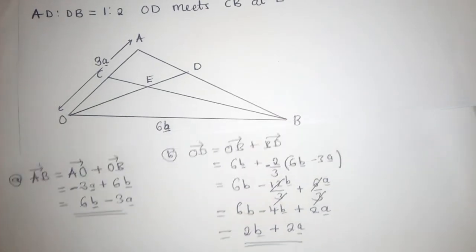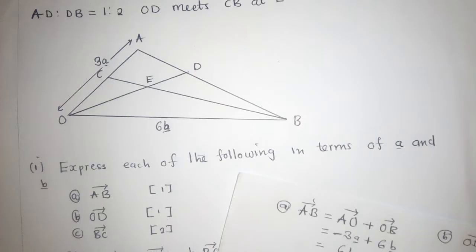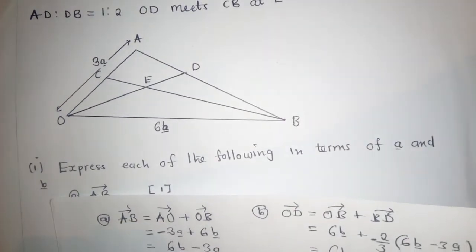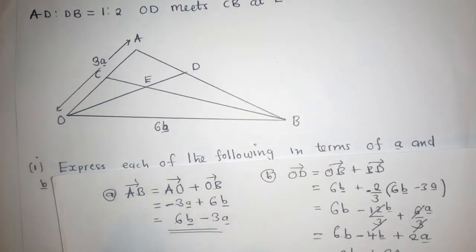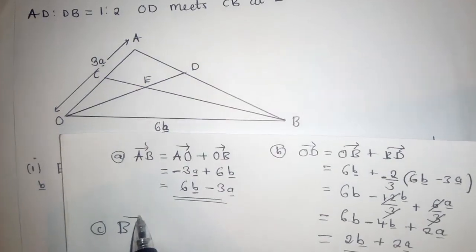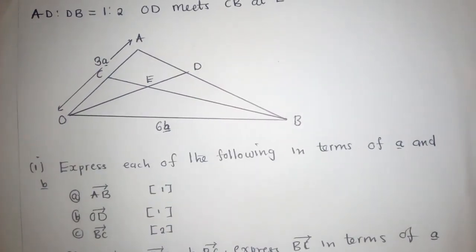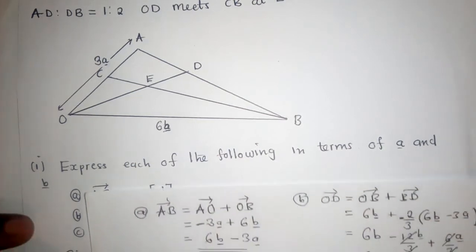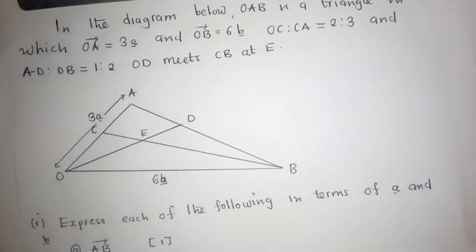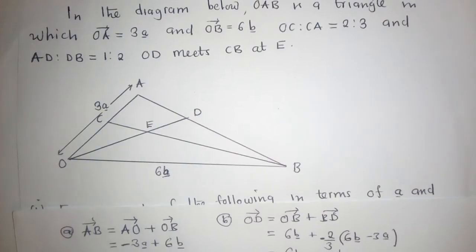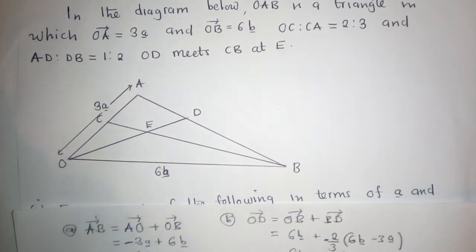We go to the next question where they are saying we find vector BC. They want us to find a vector BC. So for us to find vector BC, we check on our diagram. How can we find BC?